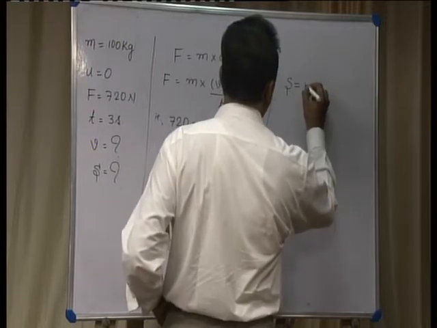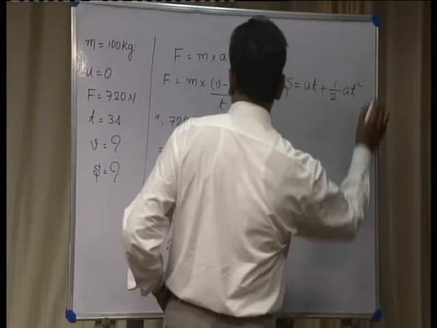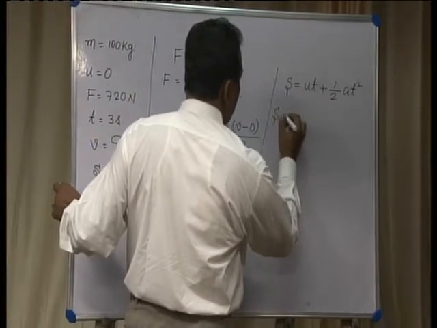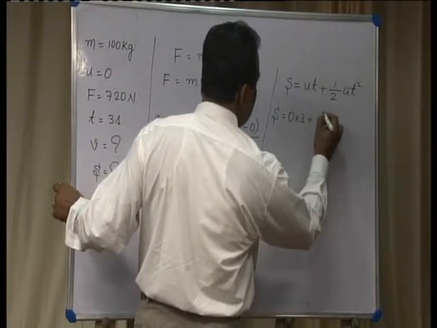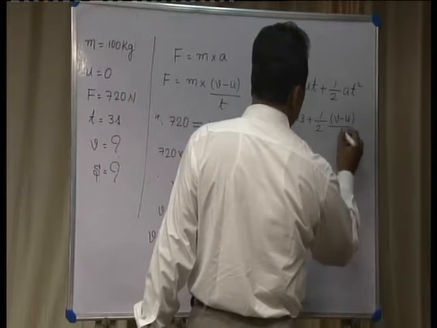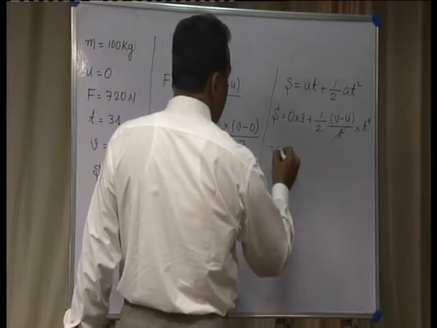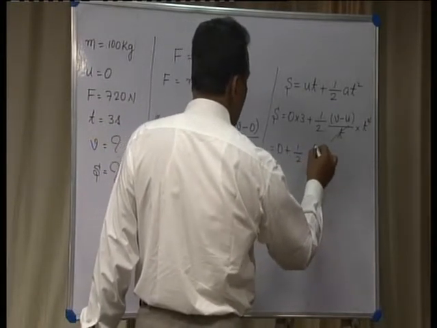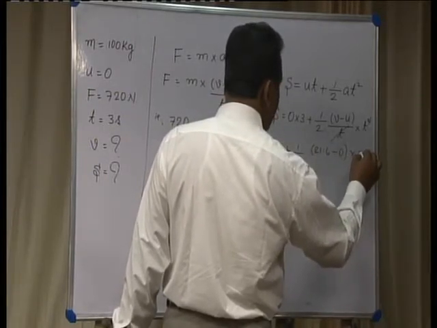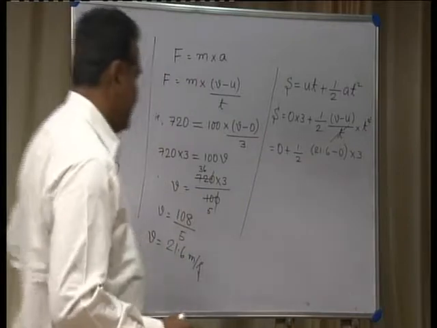S is how much? Once again I think it is suitable to use S is equal to ut plus half at square. So u is 0, S is equal to 0 into 3 seconds plus half into a, which is not known, but a is v minus u divided by t, into t square. You just cancel t with t square. S is equal to 0 plus 1 by 2 into v, which is 21.6 minus u, which is 0, into t square; one t will be cancelled, only t is remaining, and t is 3 seconds.